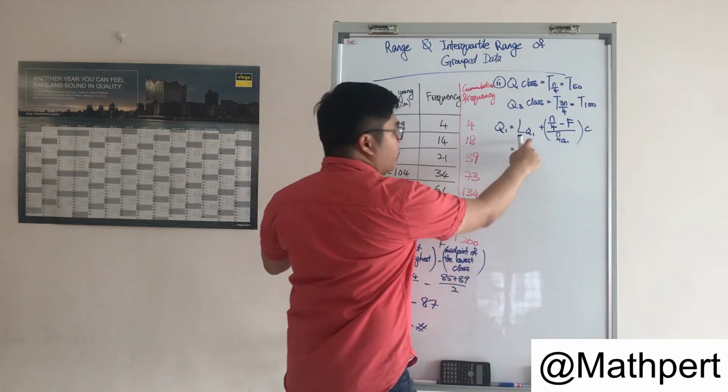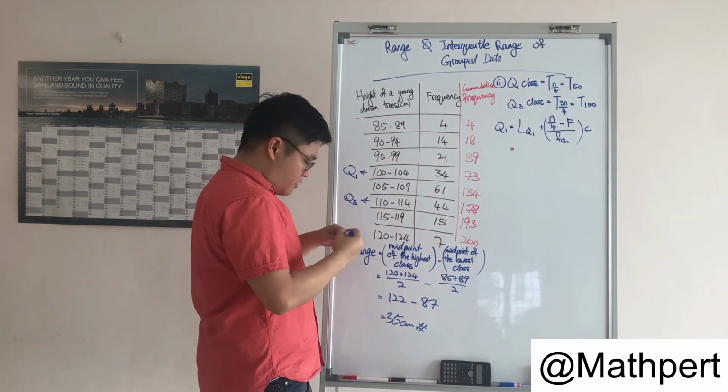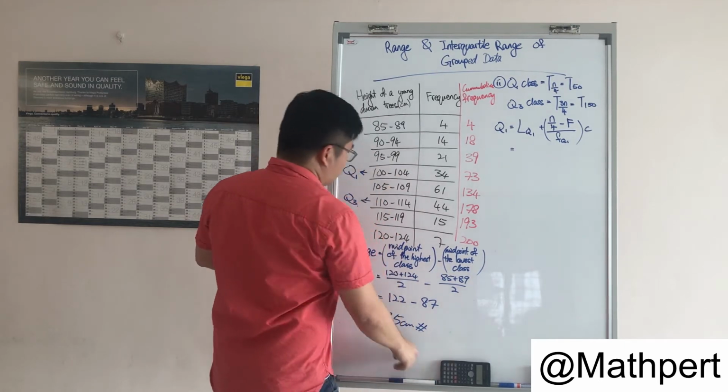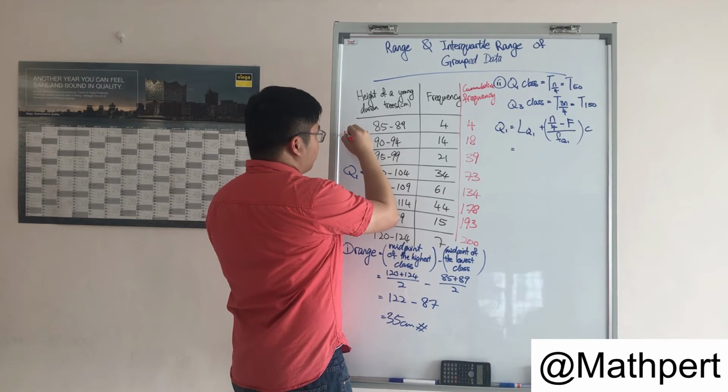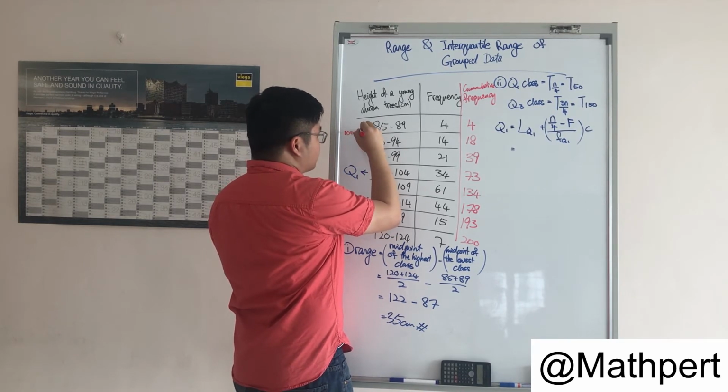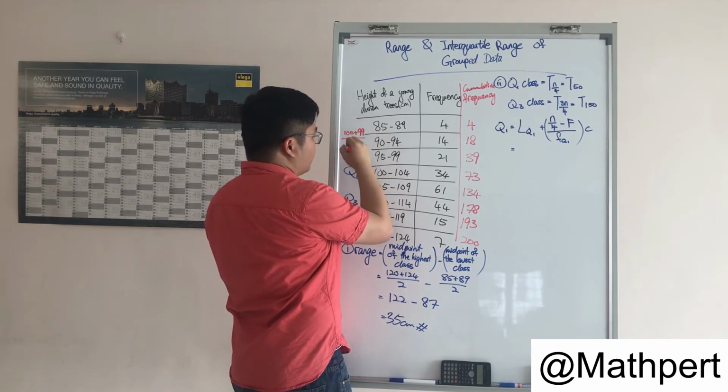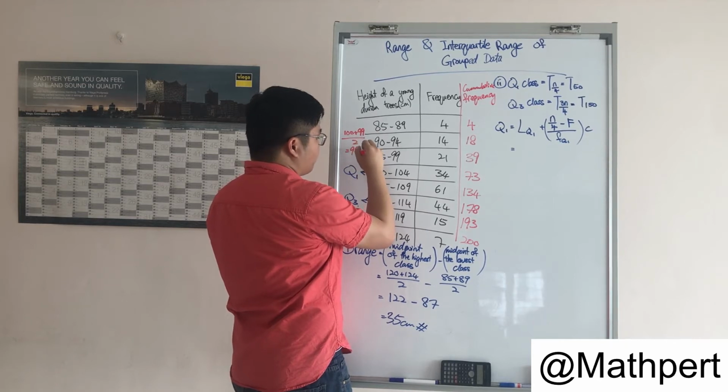How do we get it? 100 plus 99 divided by 2 is 99.5.